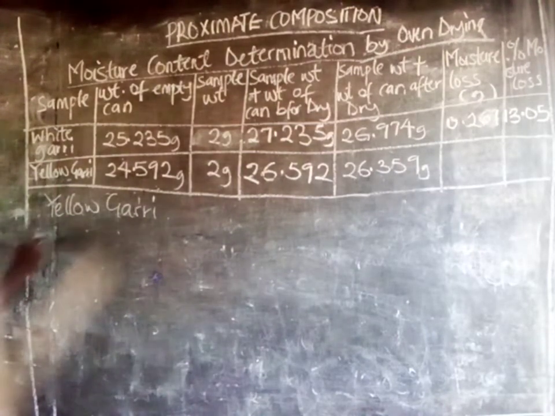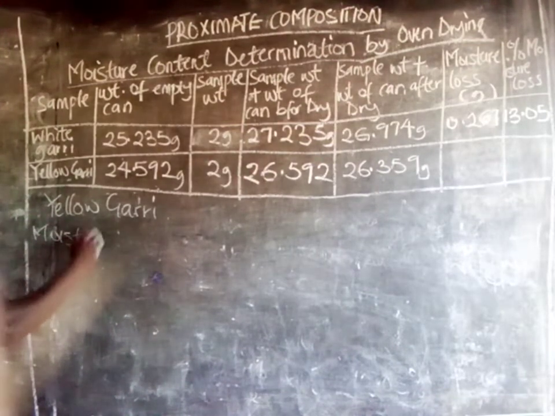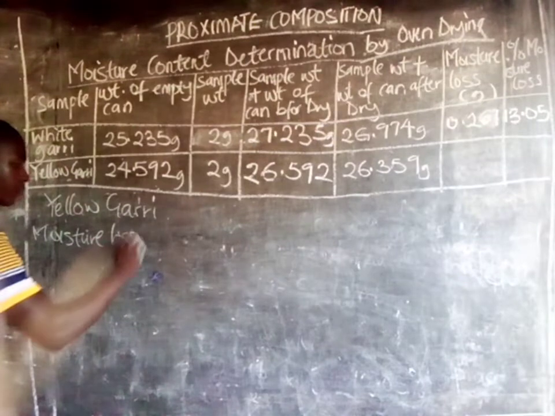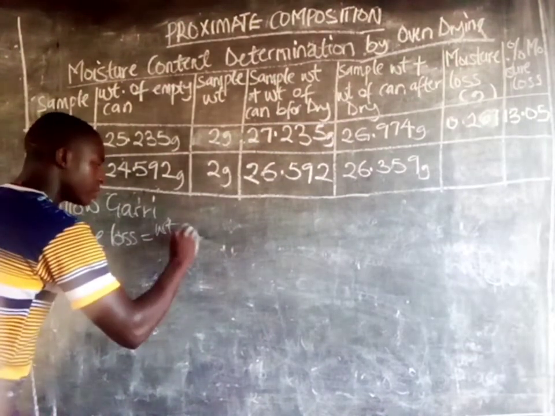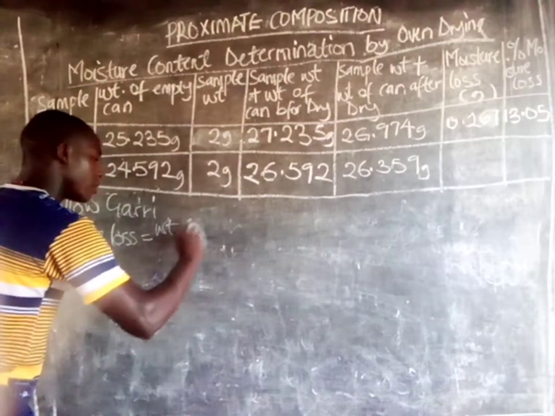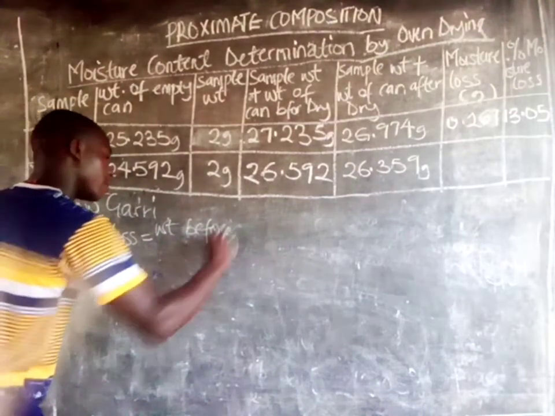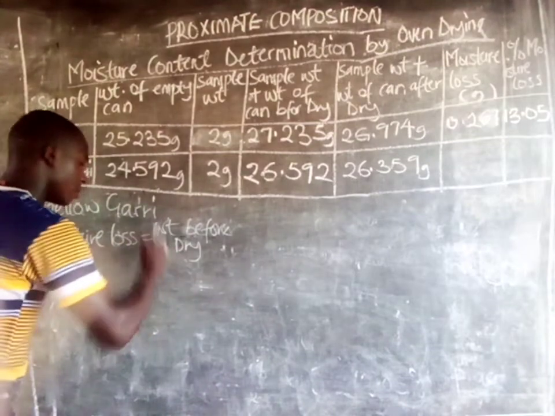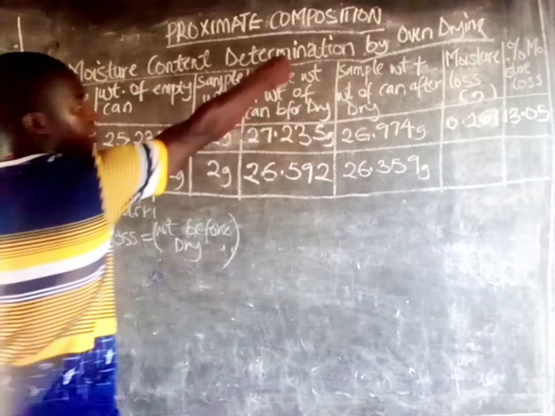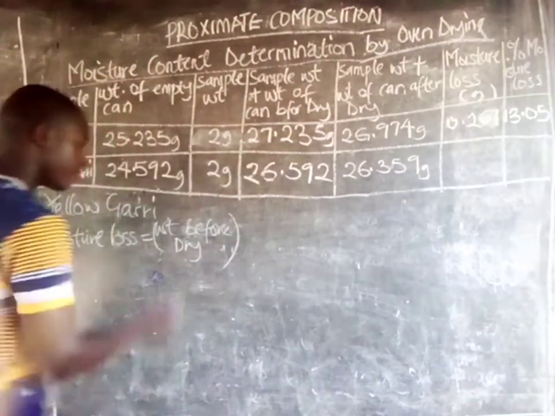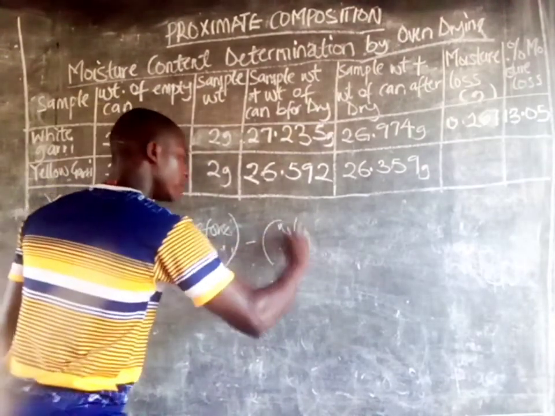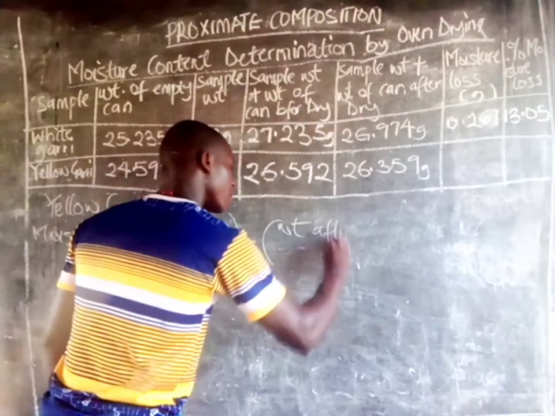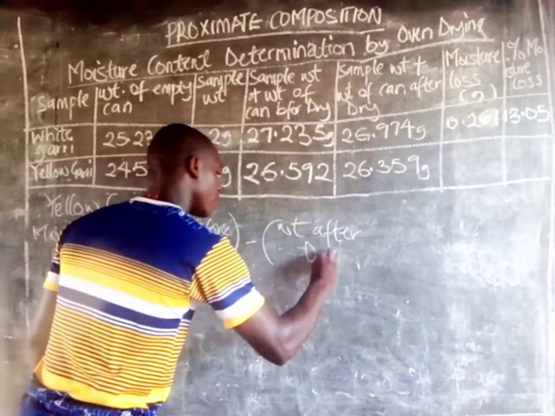So we have that moisture loss is equal to the weight before dry, this is for both the sample and the can, minus the weight after dry.